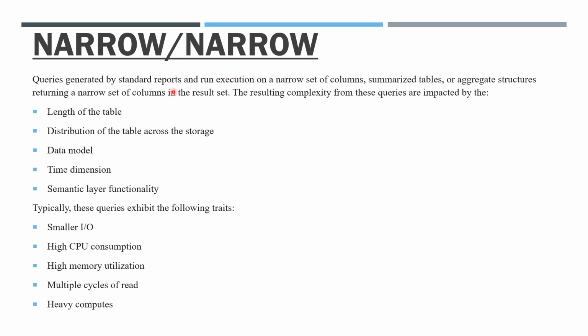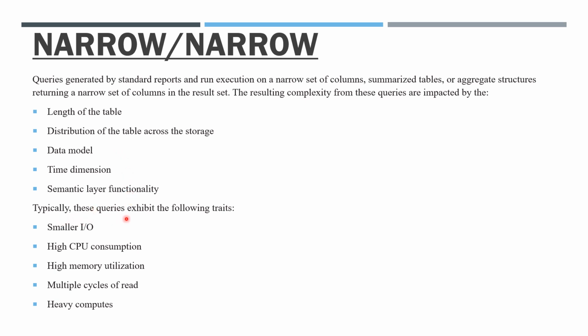Narrow or narrow. This query is generated by standard reports and runs execution on a narrow set of columns, summarized tables or aggregate structures, returning a narrow set of columns in the result set. The resulting complexity from these queries is impacted by these 5: length of the table, distribution of the table across the storage, data model, time dimension, and semantic layer functionality.